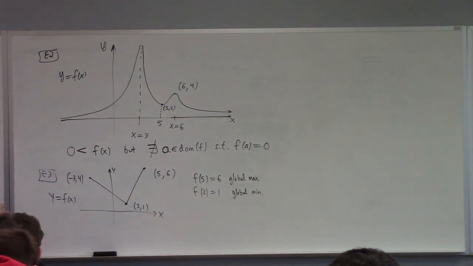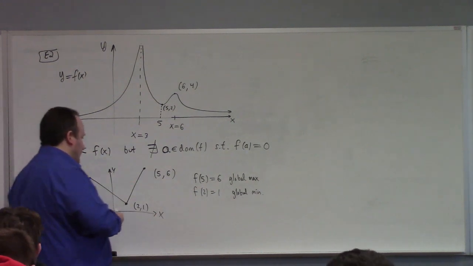But I would also say that it's always going to be true that a global maximum is also a local maximum. Because to be a local maximum just means you're the biggest near the point. To be a local minimum means you're the smallest value the function takes near the point, right? So any global maximum or global minimum is always going to be likewise a local min or max.